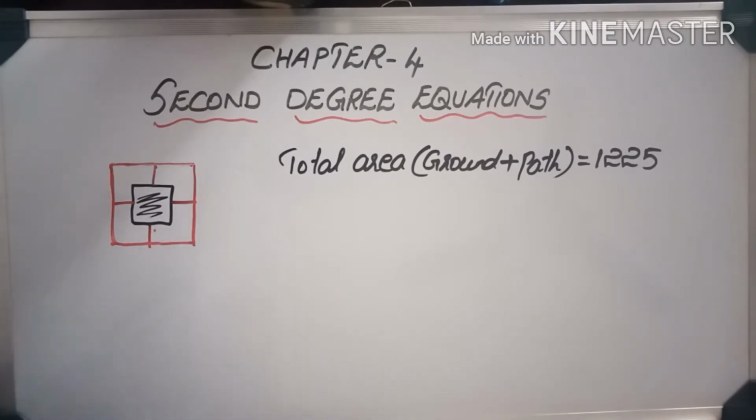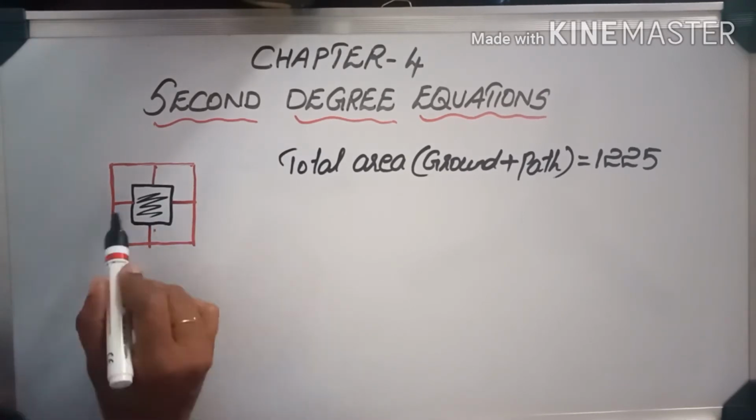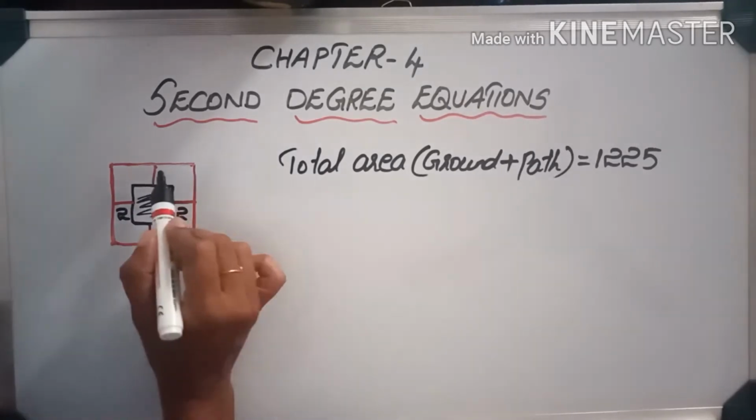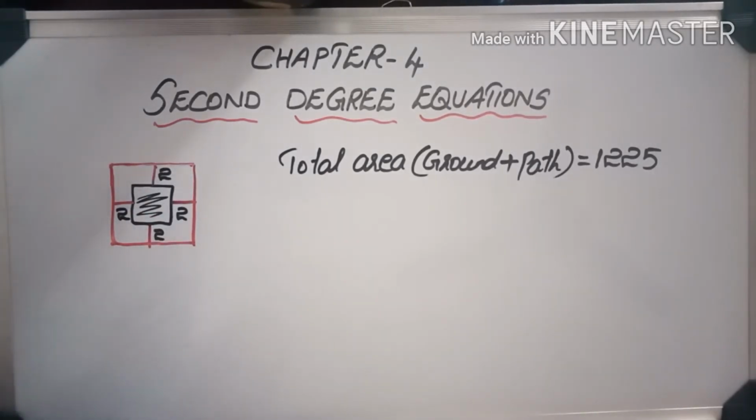It is given that the width of this path is 2 meters. That means from here 2 meters, here also 2 meters. This is 2, this width also 2. Here 2, here also 2. So for that, first of all, let's consider the side of the ground.